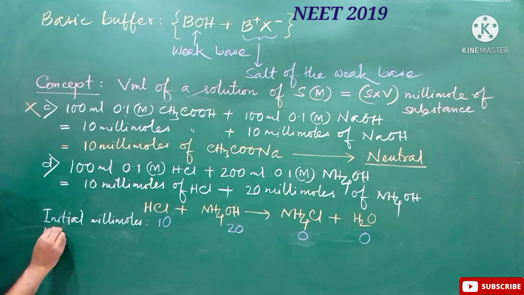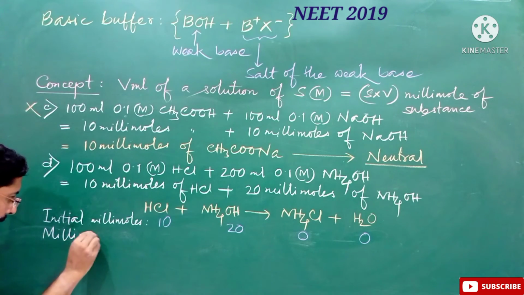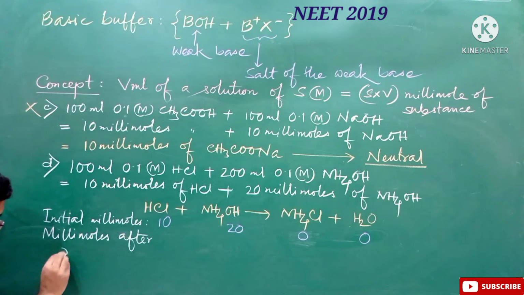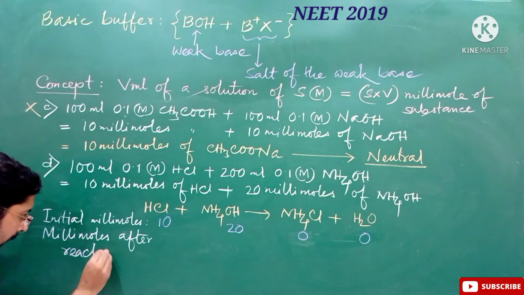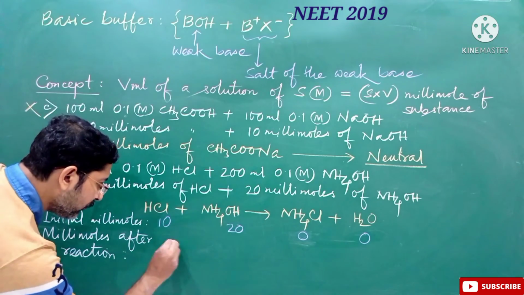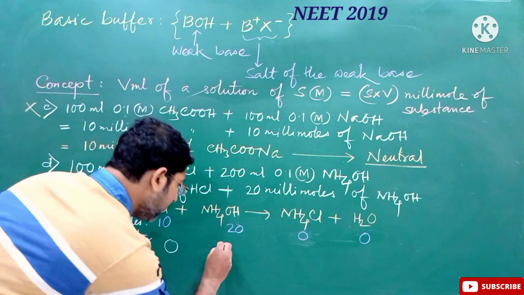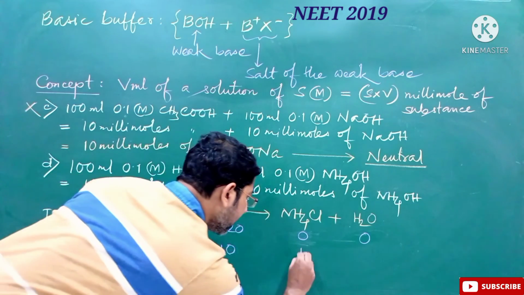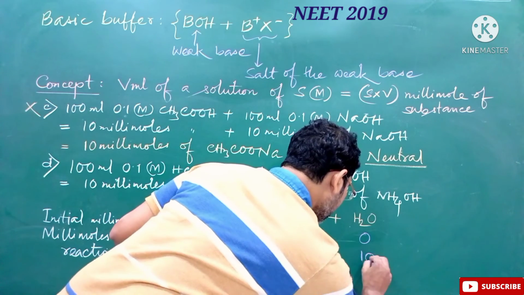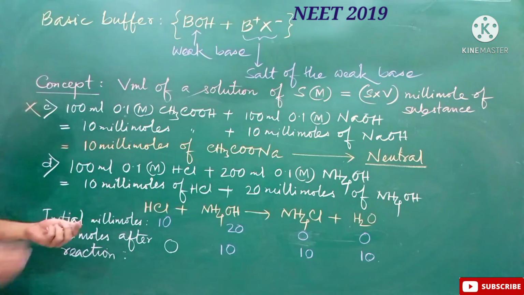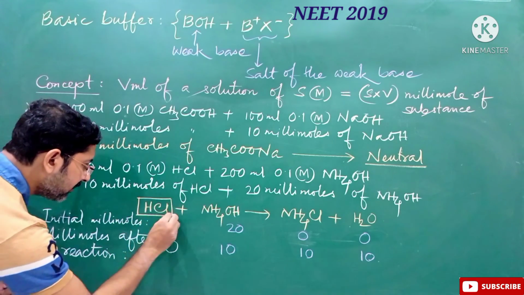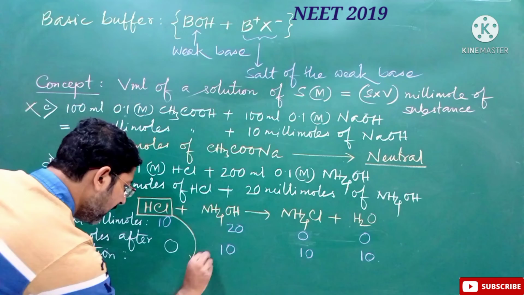And millimoles after the reaction will be, of course, HCl 0, ammonium hydroxide 10, NH4Cl 10 and water 10, because HCl is the limiting reagent here.